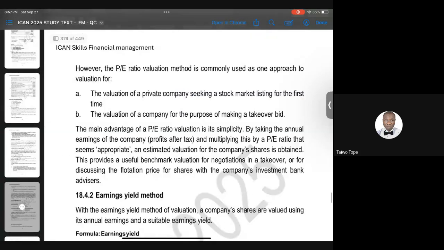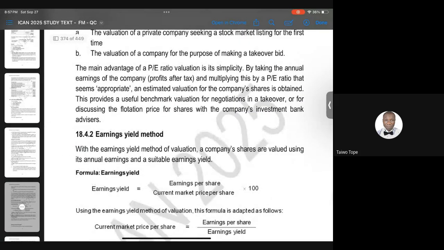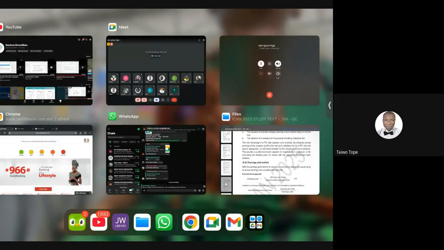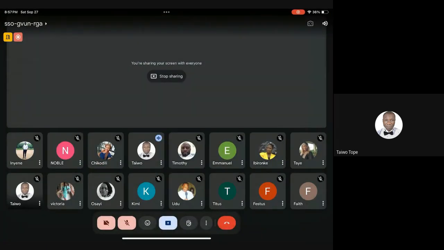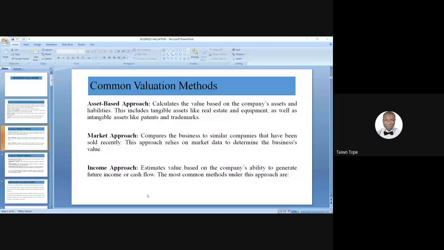So we also have dividend yield as a way of income-based approach to business valuation.